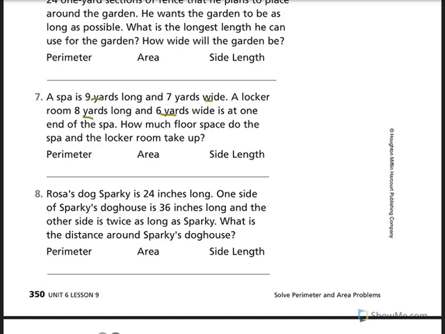How much floor space do the spa and the locker room take up? So I'm just going to draw this out. So there's our spa, 9 by 7, and then the locker room, they could be attached or not, doesn't really matter, 8 and 6.